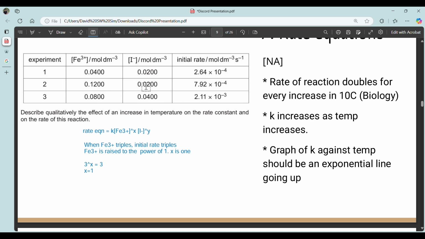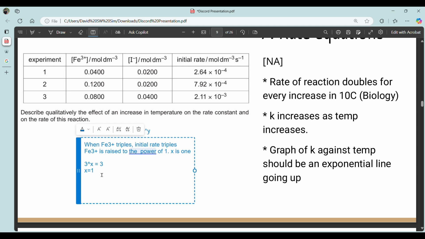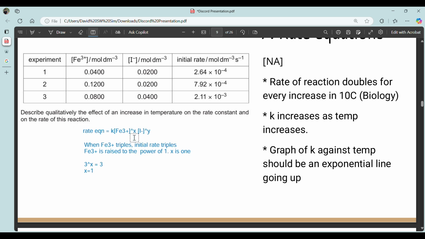For these two experiments the iodide concentration is different, but the Fe3+ concentration is also different. So how do we deal with this? The way we deal with it is quite easy because we already know what Fe3+ is raised to. We know x.